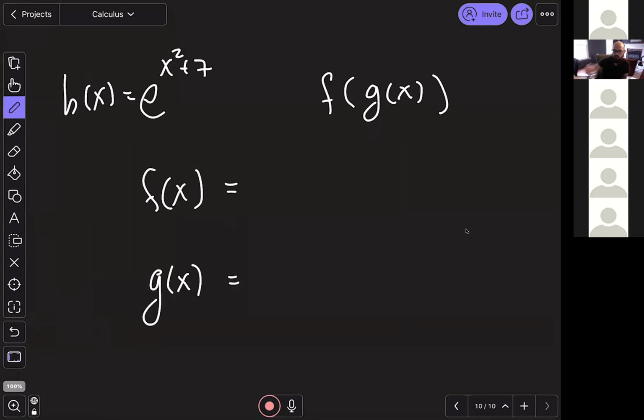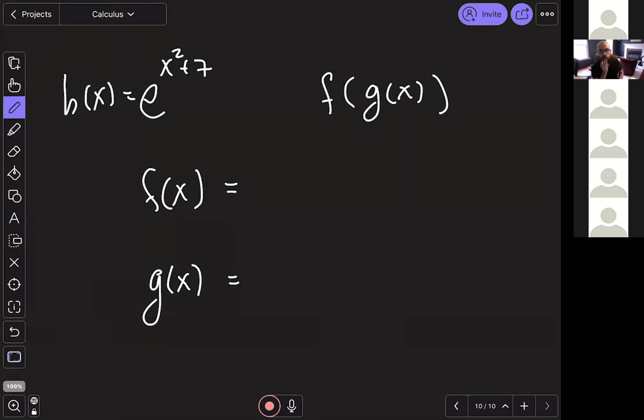What's our outside function? Grab our chat here.